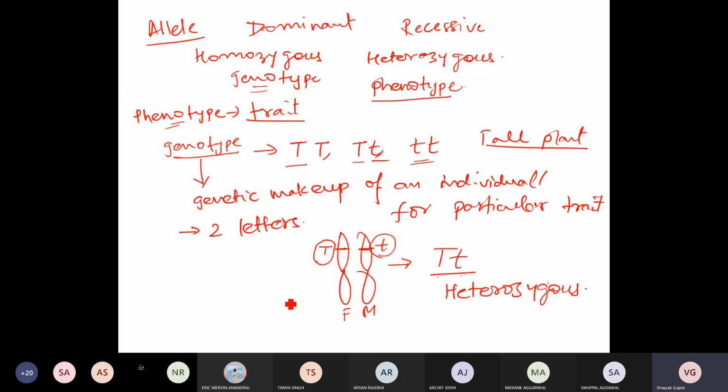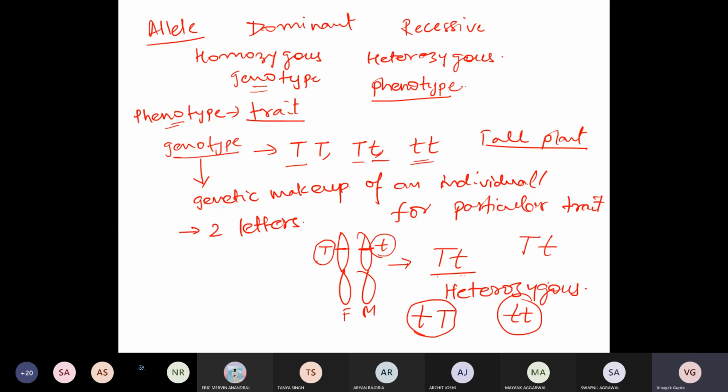Or the condition may be reversed, that you get small t from the father and capital T from the mother. But remember one thing, in a genotype the first letter is always going to be the capital one, and the second is either capital or small. This is how genotype is written. So technically you should not write small t, capital T. The first letter should always be capital, or, when you have the condition of two small letters, you cannot do anything, then you go with small t.